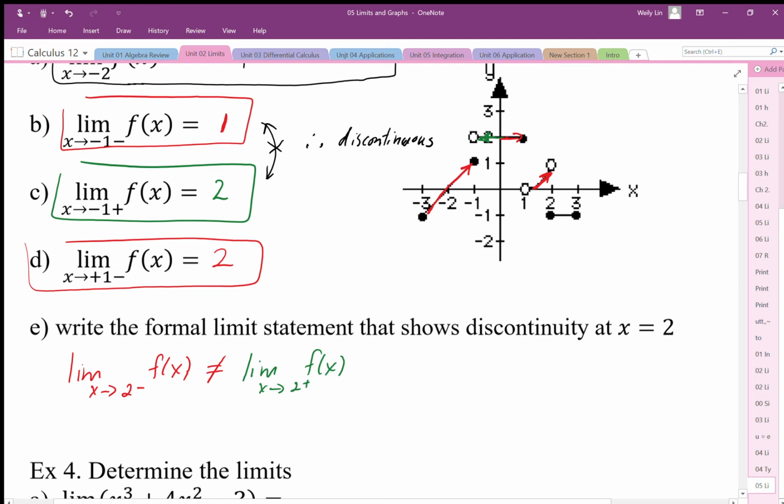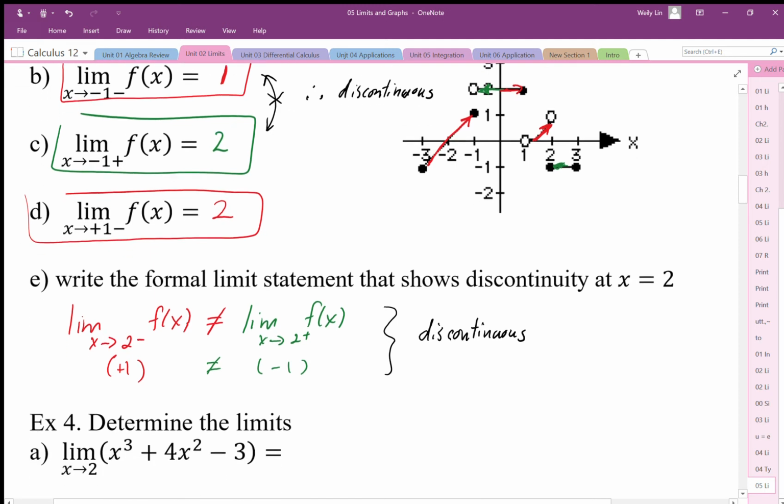Okay, so the right hand limit is equal to -1, which is not equal to the left hand limit, which is equal to +1. Okay, so these are not equivalent, therefore discontinuous. So we can make this conclusion from these statements. This shows that this is discontinuous. Okay, and again, our eyes don't lie, but we have this now formal statement to be able to write.